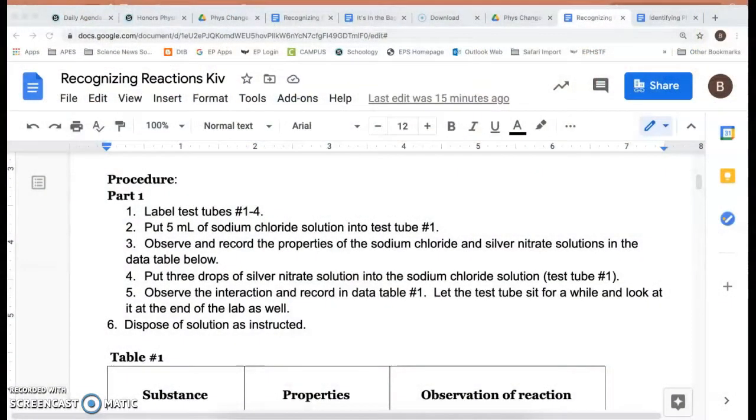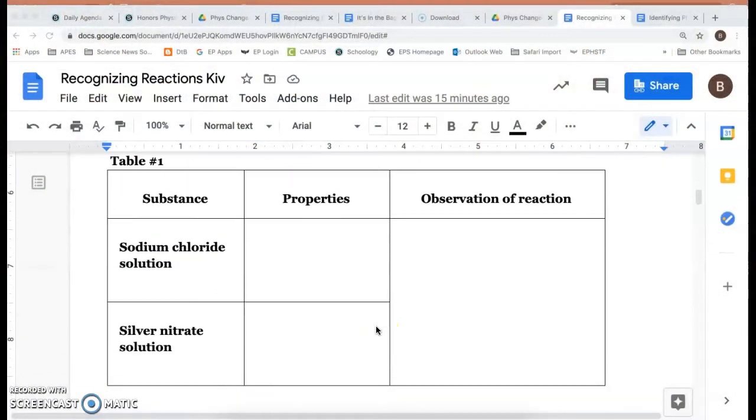is make observations in this data table. So properties, this column right here, that's what it originally was. So we had a couple clear liquids, and the silver nitrate may have had a little gray cast to it. And then observation of reaction. So all the things that I was describing, we've got that white milky substance.